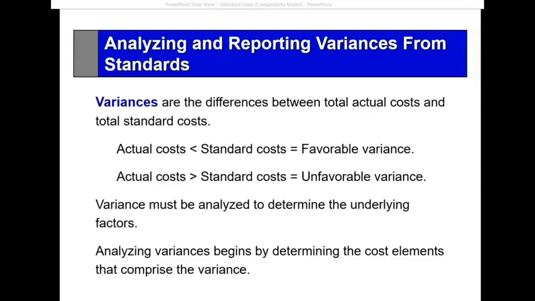Recall that my standard was $52 a gallon, and if I produced 1,000 gallons, I should have incurred 52,000. But I incurred 55,000, so I have a total variance of 3,000. That variance is made up of material, labor, variable overhead and fixed overhead. But the total variance is getting to be a little material because that is close to 5% of the 55,000.